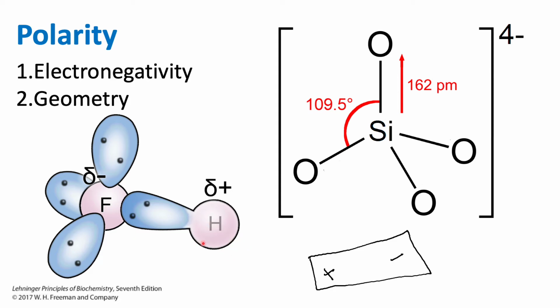But how do we determine if a molecule has polarity, whether or not it is polar or non-polar? So polarity can be determined by two characteristics: the electronegativity of an atom and the geometry of the overall molecule.